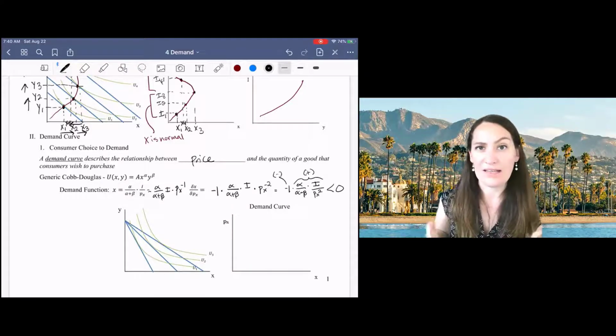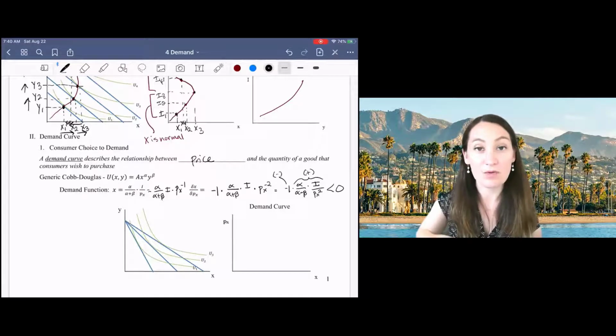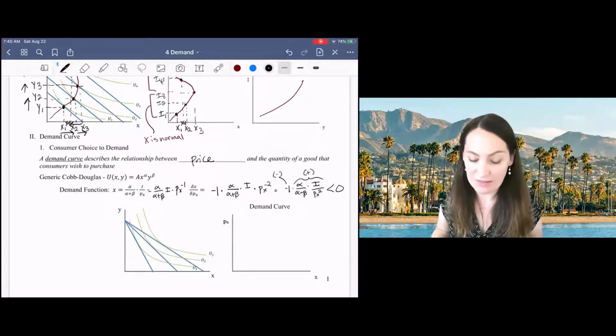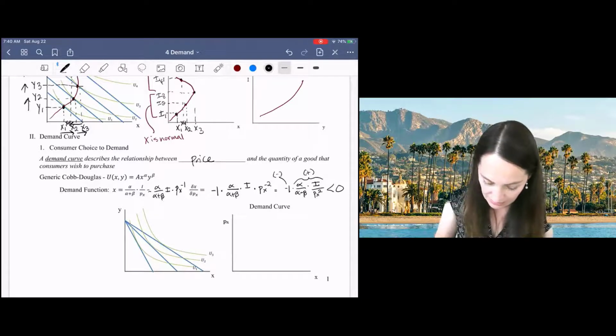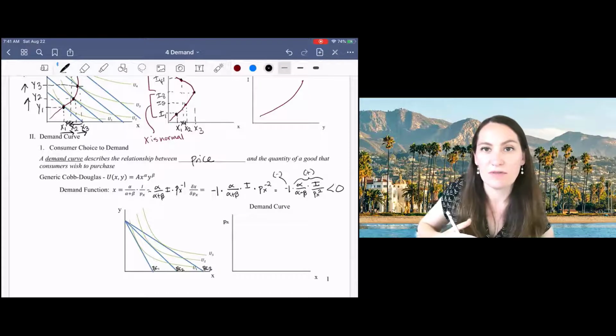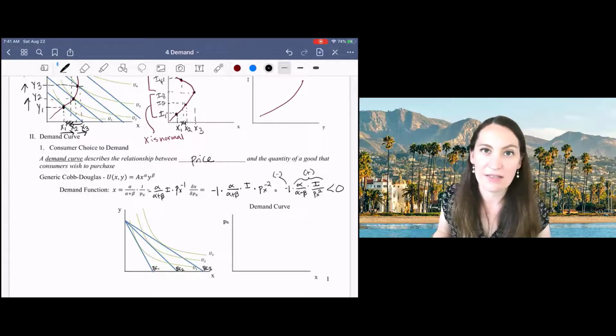And we can see that by looking at the effect of a price change on our optimal consumption bundle. Notice that when we looked at the income consumption path, we were shifting the budget line out parallel, right? Because that's what happens to the budget line as income increases. But here we have a change in price, and specifically we have a change in the price of good X. So what's happening here is that we have this budget constraint 1, budget constraint 2, budget constraint 3, and as we're shifting the budget constraint, you can see the price of X is decreasing, right?